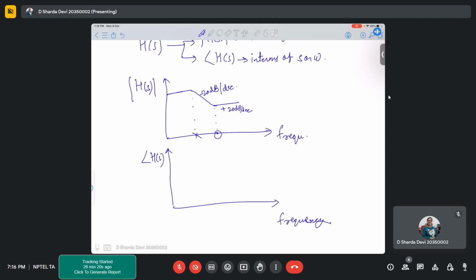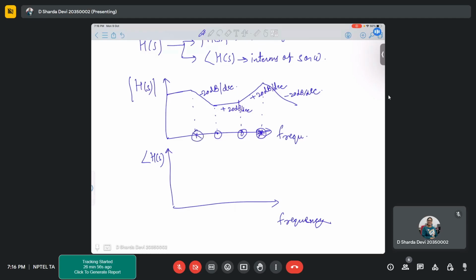Similarly, if you get another zero at this particular point, you will have a plus 20 dB per decade slope. If you see two poles, you will have a 40 dB per decade slope. So 20 nullifies over here, and another 20 remains, so you will see a 20 dB per decade resultant slope. So this is how you draw your Bode plot.